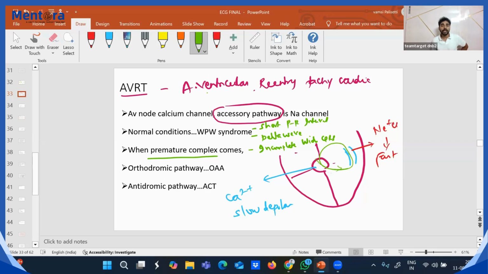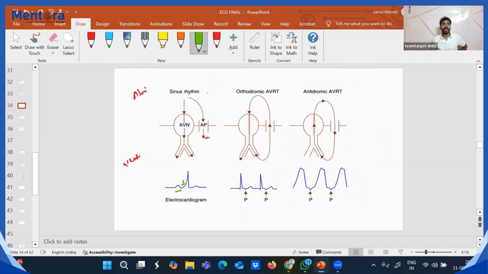Or it can go through the accessory pathway and AV node and create an AV re-entry circuit like this, either clockwise or anti-clockwise. Anything can happen. So we cannot say. Based on how the premature complex enters the AV node and accessory pathway, we have two conditions. One is called orthodromic and the other is antidromic. Clear?